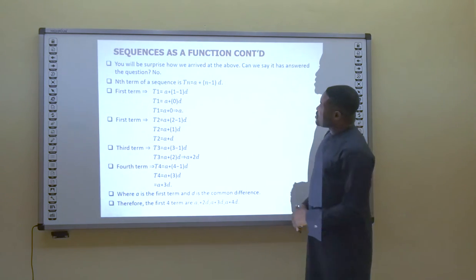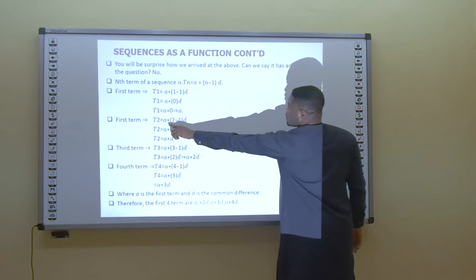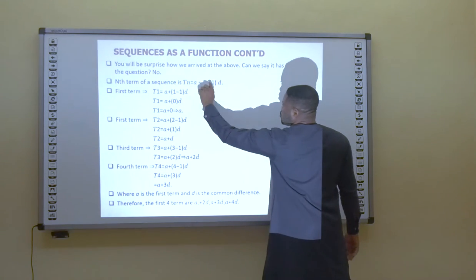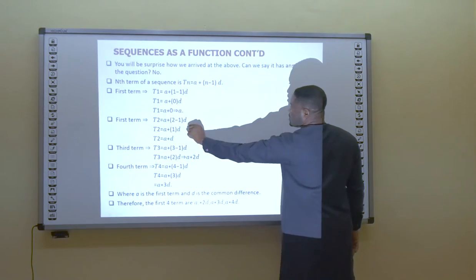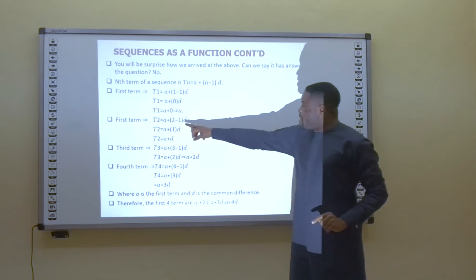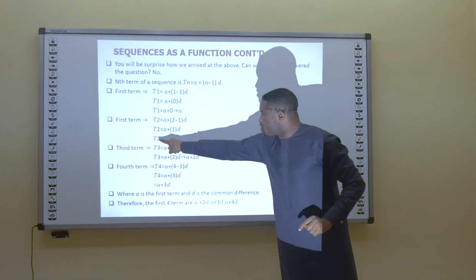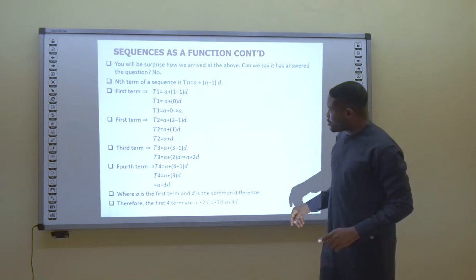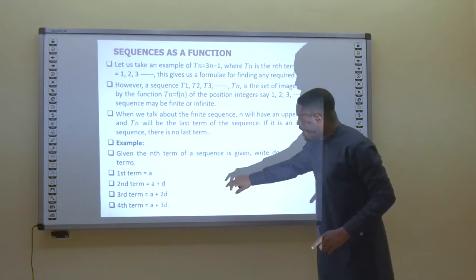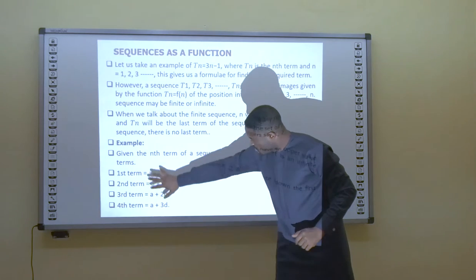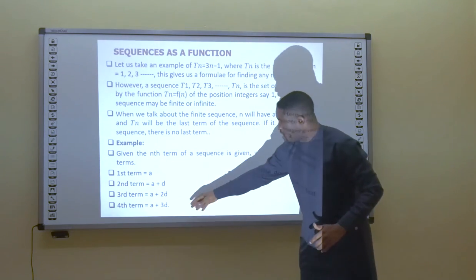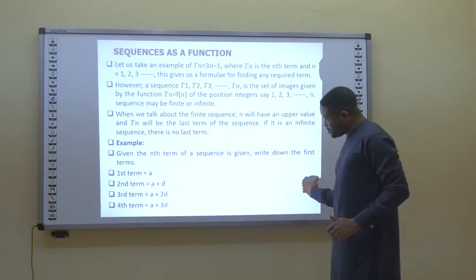So when n is equal to 2, we have T2 is equal to A plus (2 minus 1) into D. So 2 minus 1 will give us 1. Therefore, our T2 is equal to what? A plus D.